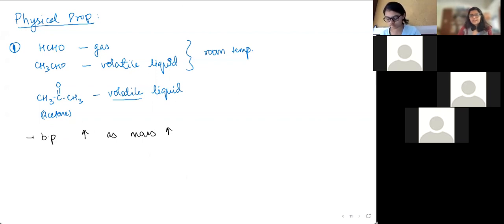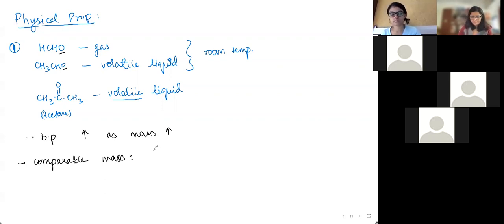Another comparison of boiling point, like aldehydes and ketones have got the oxygen, right? Alcohols also have oxygen. So when they have comparable mass, like if I'm counting a 2 carbon aldehyde versus 2 carbon atom alcohol, what can you say about the boiling point?